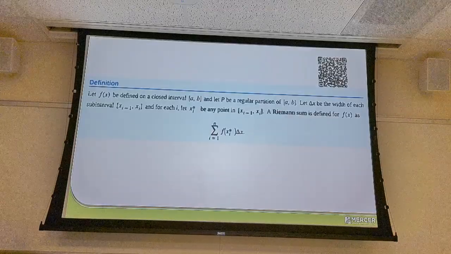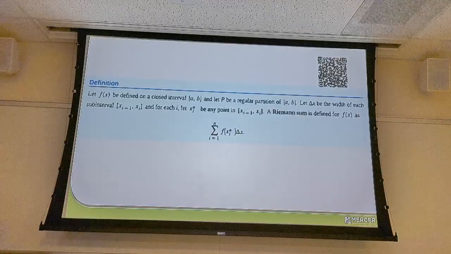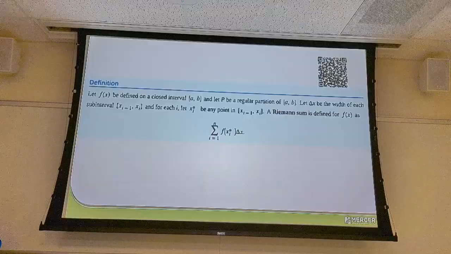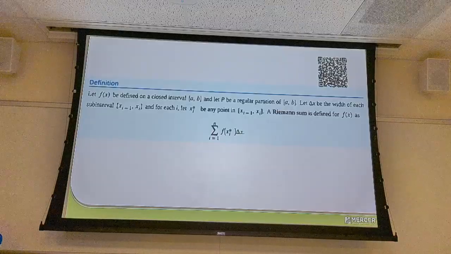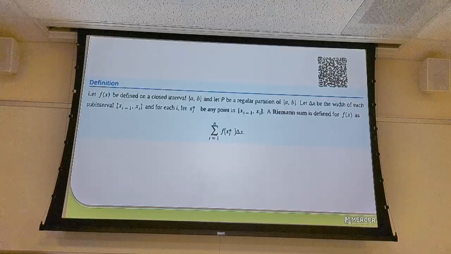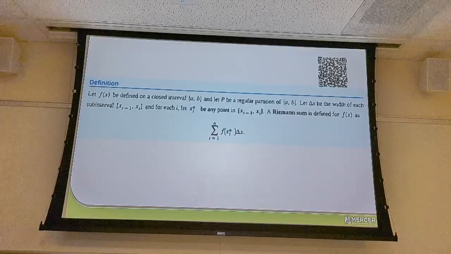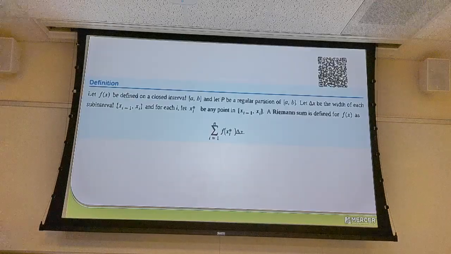So you have a function on a closed interval [a, b]. Let P be a regular partition, and I don't like that because it doesn't have to be regular. Be a regular partition of [a, b].